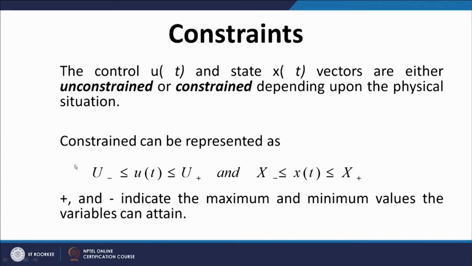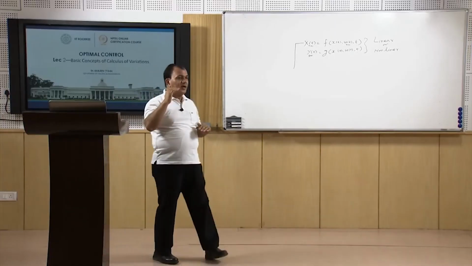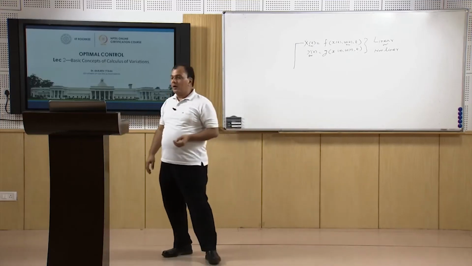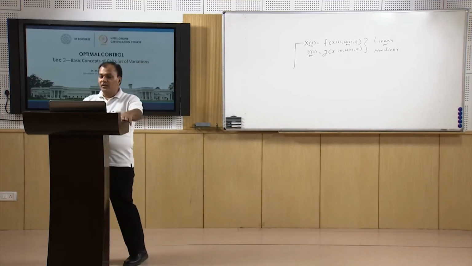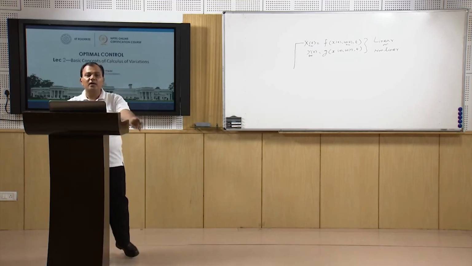Normally we represent these constraints as u(t) in between u minus and u plus, where u minus is the minimum value of u and u plus is the maximum value of u. Similarly, the states cannot go below a certain level and cannot go above a certain limit. So my u and x may be constrained.